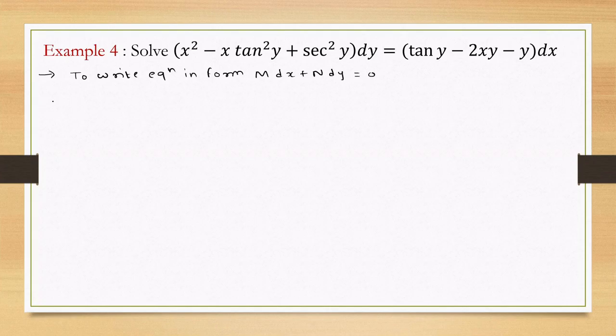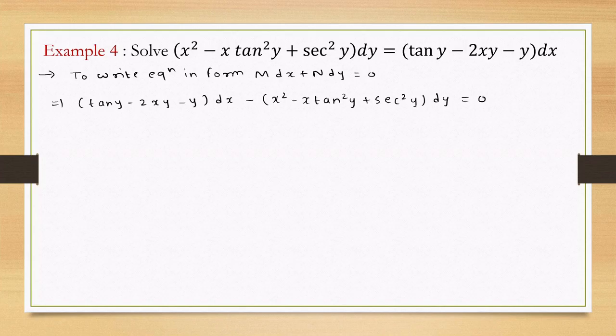So we can write tan y minus 2xy minus y dx minus x square minus x tan square y plus sec square y dy is equal to 0.